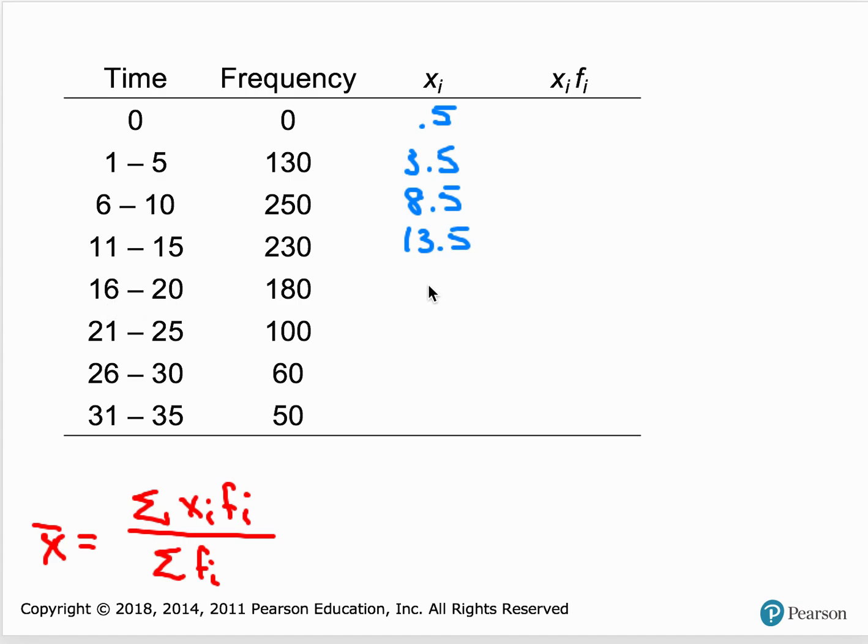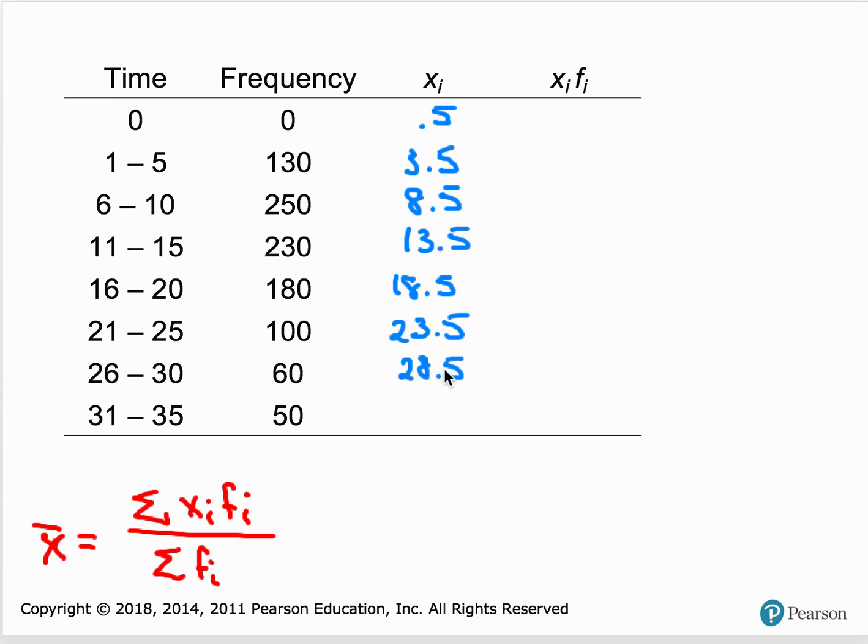So 37 divided by 2, what's that? 18 and a half. 47 divided by 2. 57 divided by 2, 28 and a half.